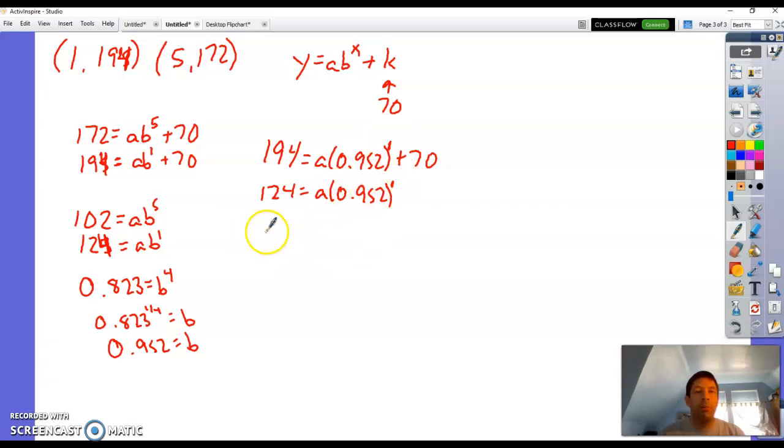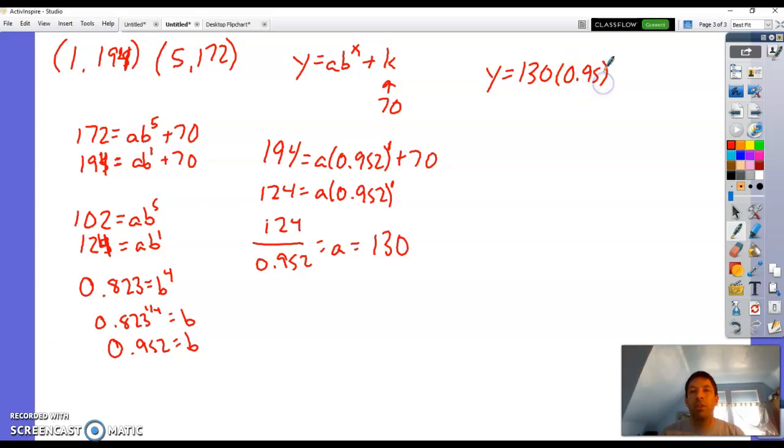And then divide by 0.952. And a ends up being approximately 130. So now I have this equation. Y equals 130 times 0.952 to the x plus 70.